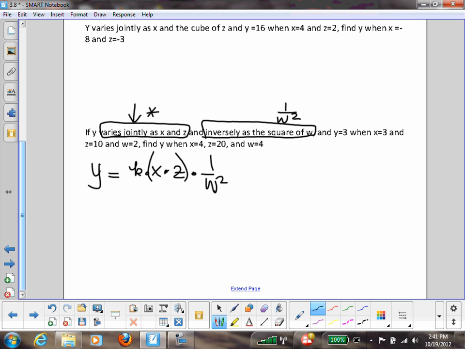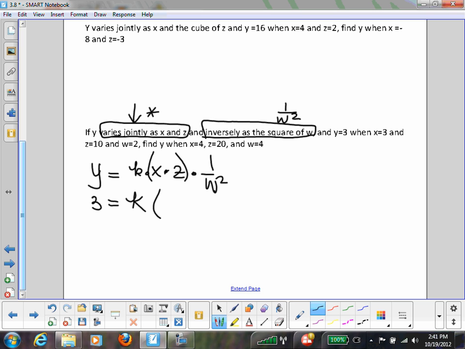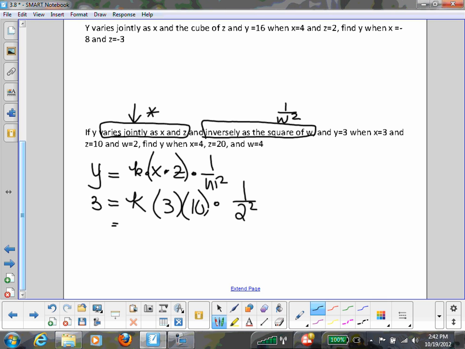So let's plug it in. y is 3. I don't know my constant. x is 3. z is 10. And w is 1 over 2 squared, which is 4. That's the last part. That's separate, right? So 3 is equal to k times 30 basically over 4.